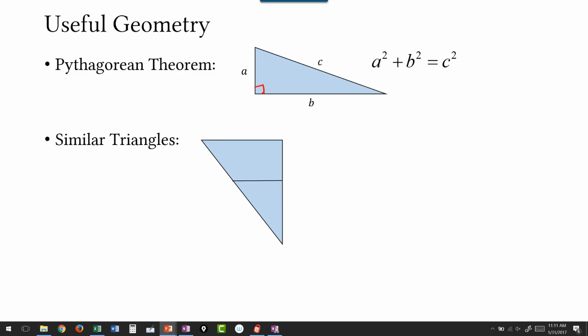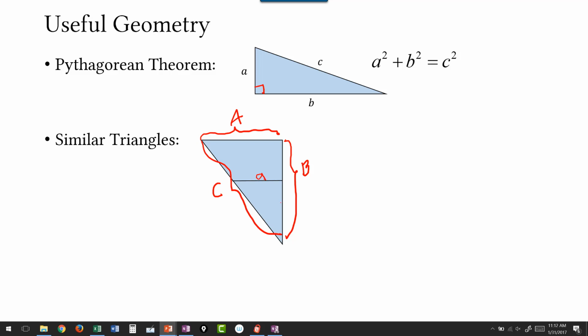Now, what about similar triangles? Well, here I'm going to let the height be capital B, the width capital A, and the hypotenuse for the large triangle capital C. Inscribed in the larger triangle is a similar, smaller triangle.